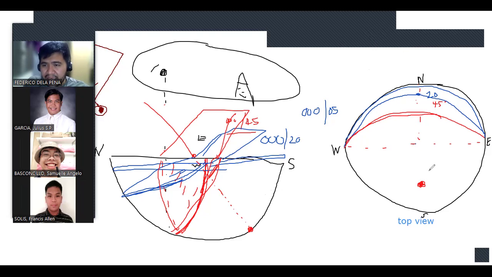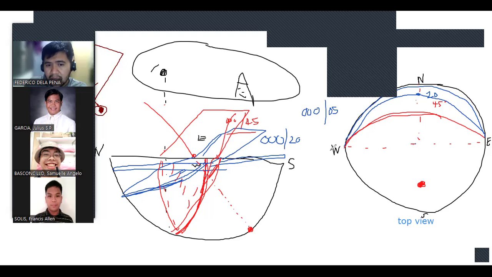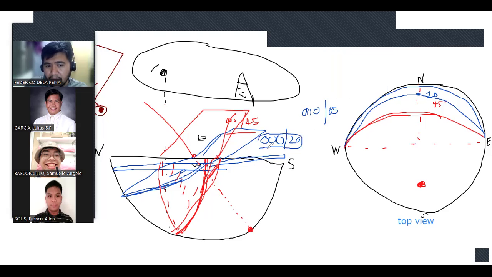So you can imagine that it would be plotting somewhere here. Now if you do the same for the other discontinuity, let's say the 000, 20 plane, the pole would look something like this.